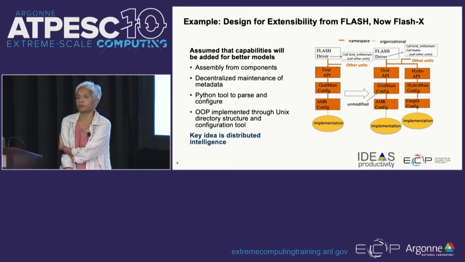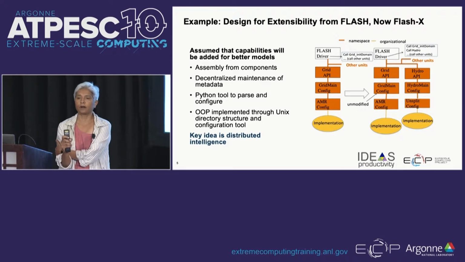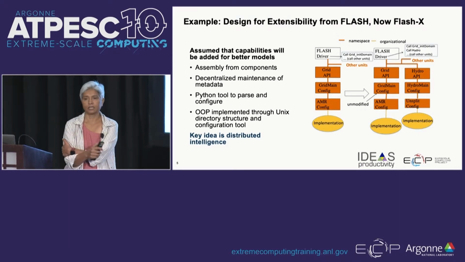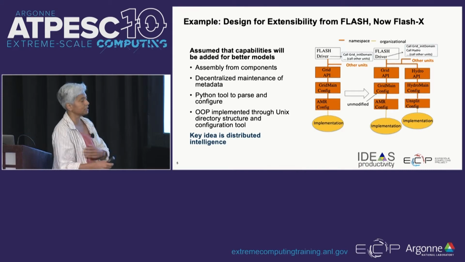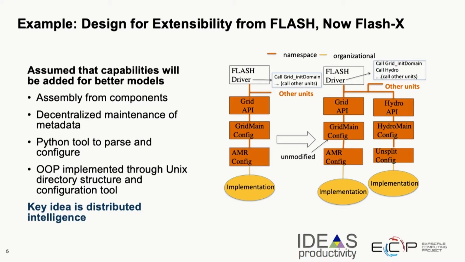So here is an example from Flash, which is now actually FlashX, for extensibility in design. In the code, it is divided up into many components. Each component carries along with it meta information about the other code pieces that it will work with, the state variables that it will need, the runtime parameters it will need, the other code components that it depends upon, etc. So this intelligence about a particular component is distributed.